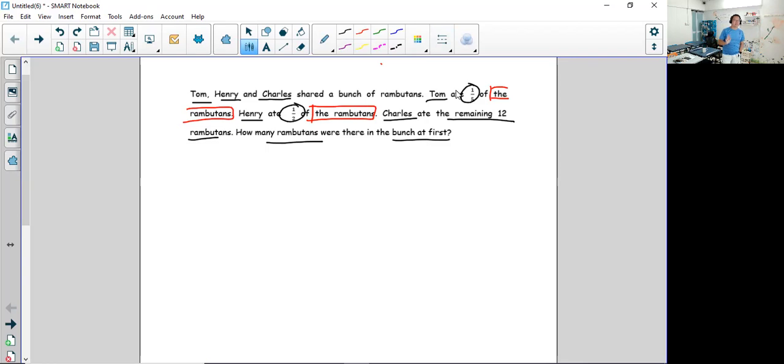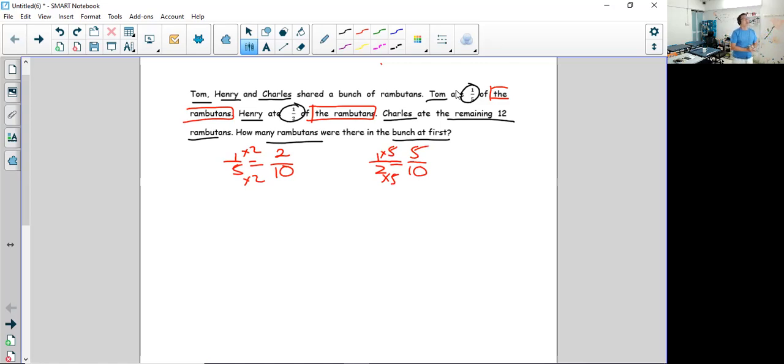Yes, they are talking about the same group, the same thing. So I can make the denominator the same. I take 1/5 and 1/2, and I make them the same denominator. I times 2, I get 2/10, and this one times 5, I get 5/10. And I use the fractions to draw the model.